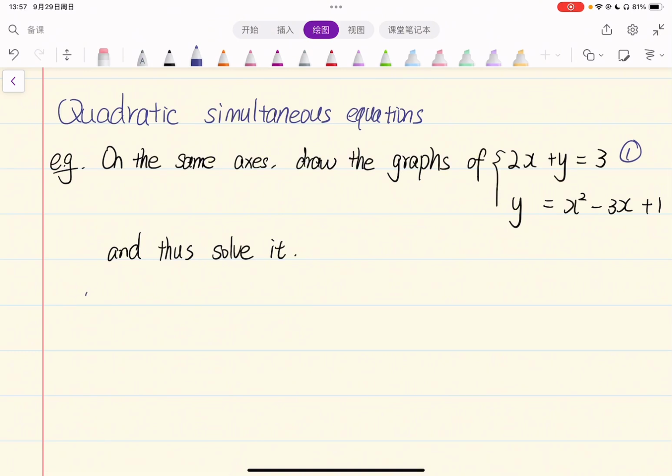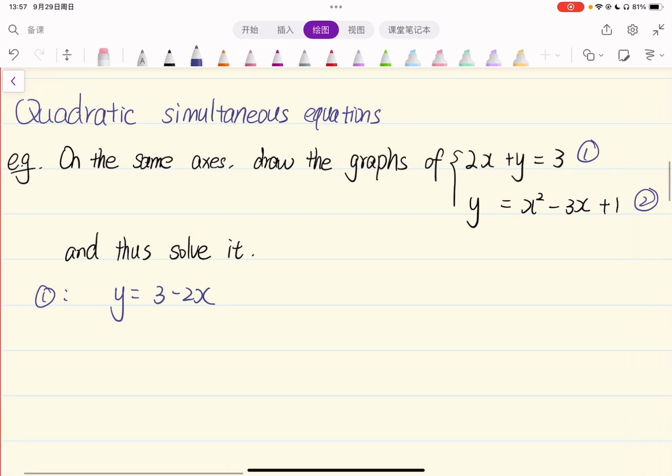From equation 1, we get y equals 3 minus 2x. And we substitute it into equation 2.